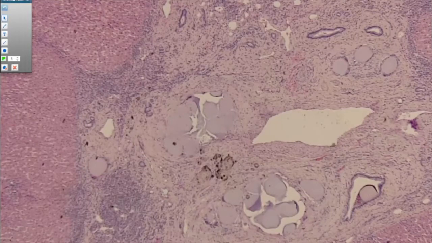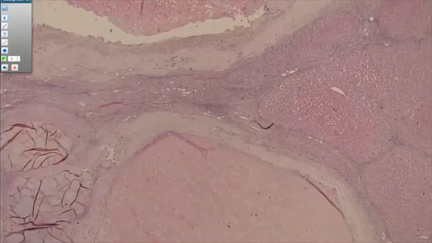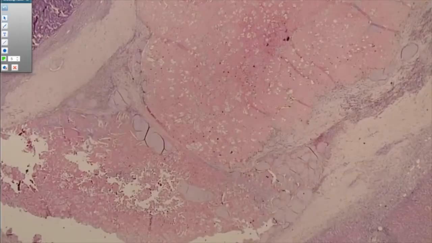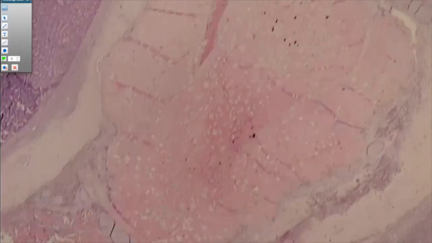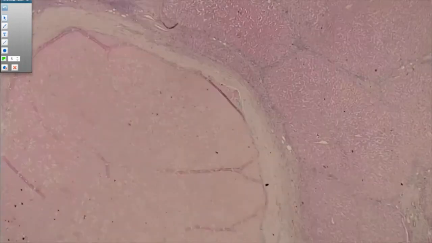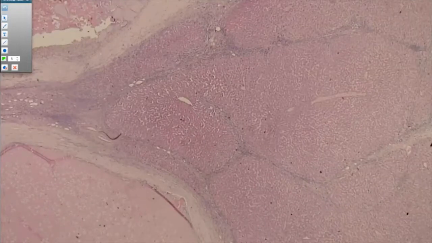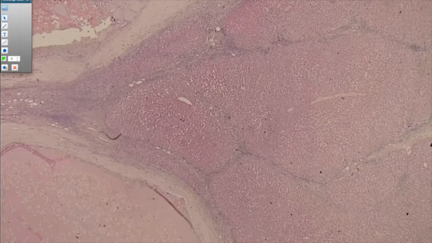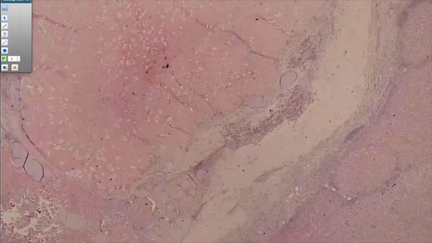But by Milan criteria, if the HCC is single, it is up to 5 centimeters, and if multiple, there must be up to 3, and the greatest measurement needs to be less than 3 centimeters. And of course, the patients are waiting for transplant for 6 months, 1 year, so they have to wait. In the meantime, this patient often receives embolization.